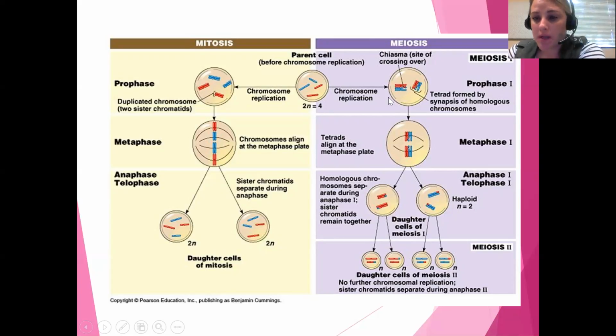Some really important things about meiosis that differ from mitosis are the crossing over of the tetrads, and also randomly lining up at the plate in metaphase 1. The end product is 4 daughter cells that are haploid. They are also genetically different than what we started with at the beginning.